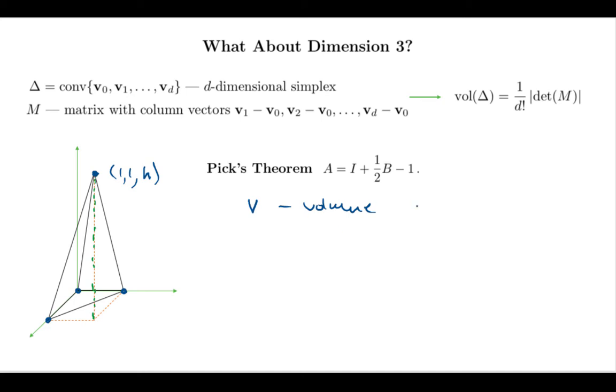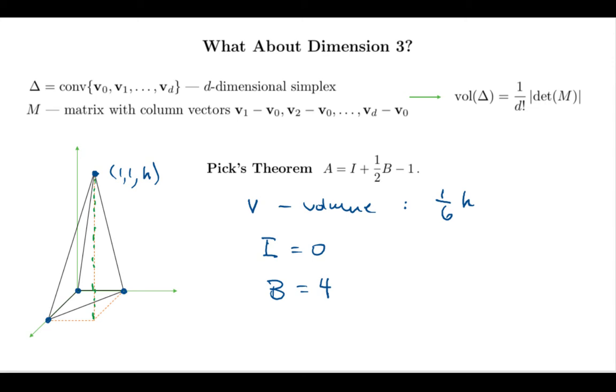In this case, the volume, if you think about what we just wrote down, is given by 1/6, since d is 3 here, times this number h. There are no interior points, and there are precisely 4 boundary points, no matter what h is. So this tetrahedron is constructed in such a way that it has very few integer points.